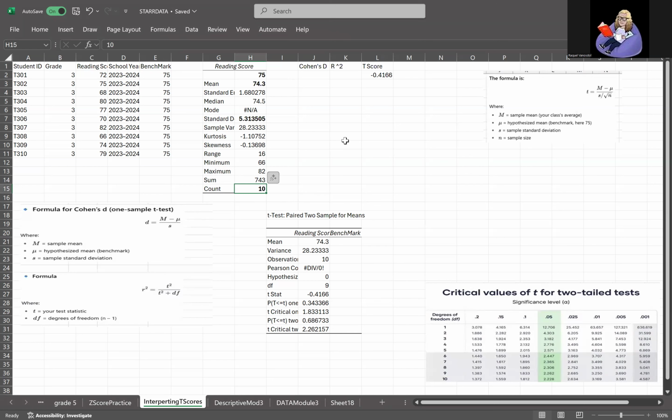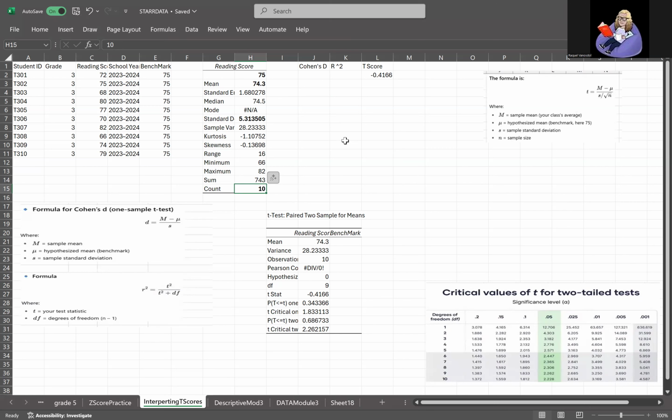The next thing, in creating the six-step hypothesis steps, was to review the population from the data sample, and the population are third grade readers. The question to be researched is, do third grade students' average reading scores differ significantly from the passing benchmark of 75?